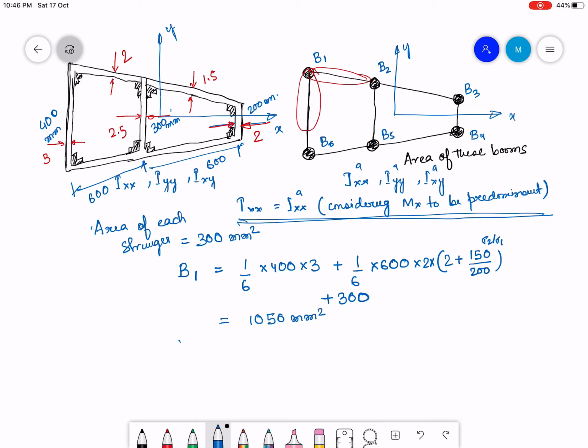Okay. Now let us go to B2. What is going to happen with B2?